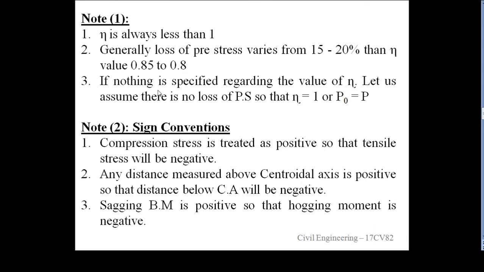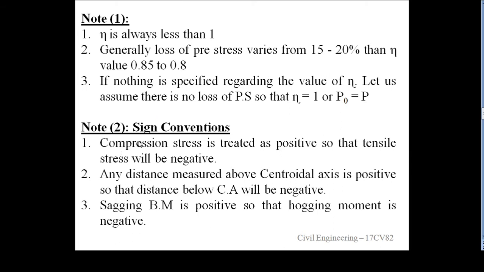Then if nothing is specified regarding the value of nu, let us assume there is no loss of pre-stress, so nu is taken as 1, or P naught is equal to P. The initial pre-stressing force is equal to P where no losses are given.